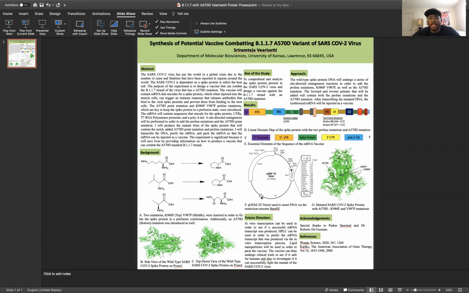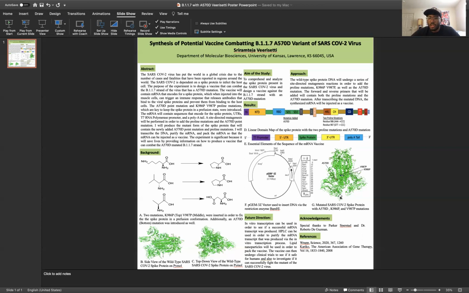Now, if you could turn your attention to image F, we have the pGEM3Z vector. The pGEM3Z vector is where we're going to insert our mutated DNA using a restriction enzyme such as BamHI. Typically, we introduce two endonucleases. BamHI is just one of the endonucleases that we can use to cut this plasmid vector.